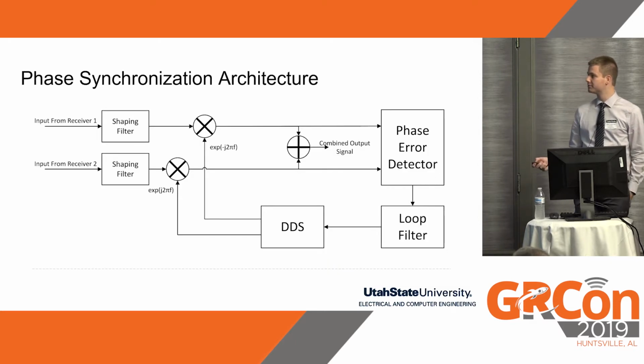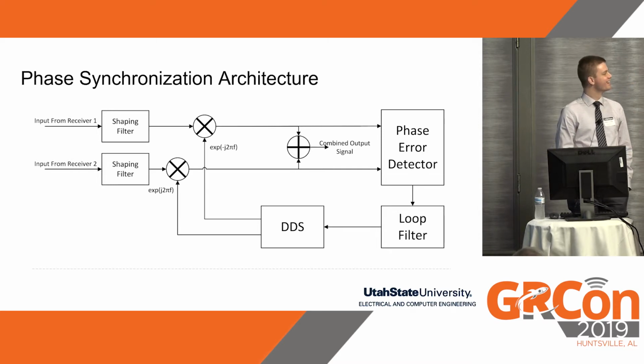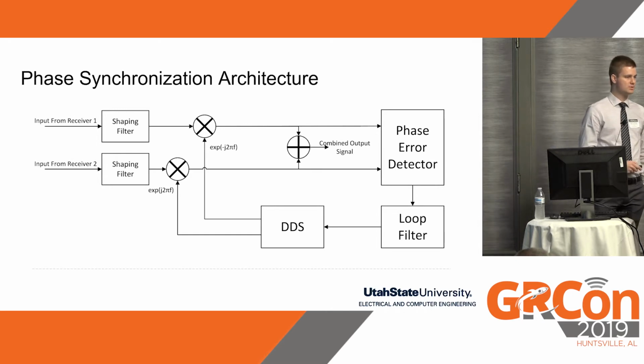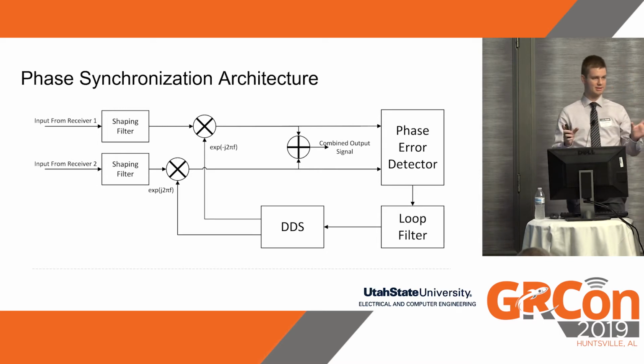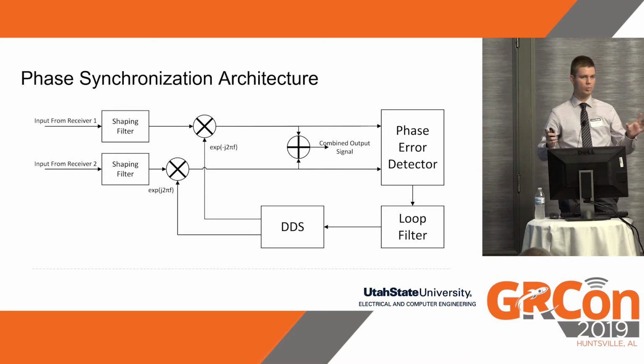So here we have, I'll switch to this side for you guys over there. We've got shaping filters. These are the Nyquist filters I talked about. The signals are coming in. At this point in the chain, the signals are at baseband. So they need to be shifted apart so that they can be added together to produce the baseband signal of the wideband received signal that we're trying to get to. So then they go through a phase error detector.